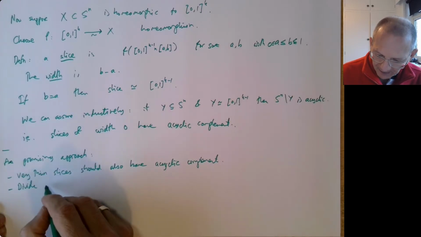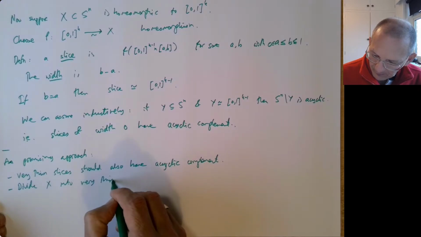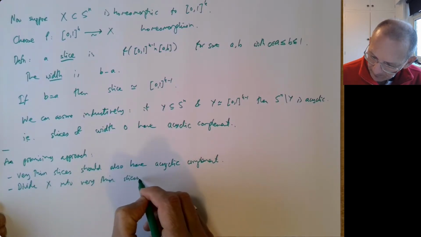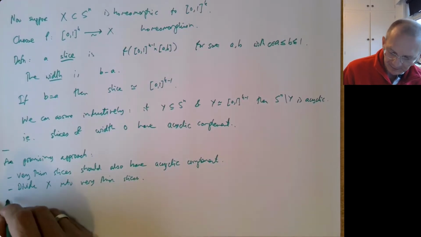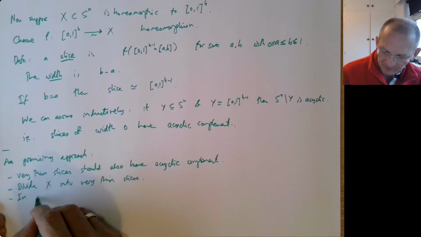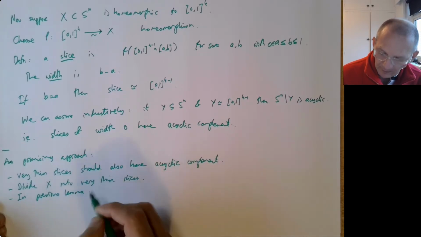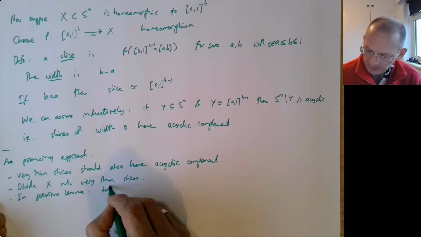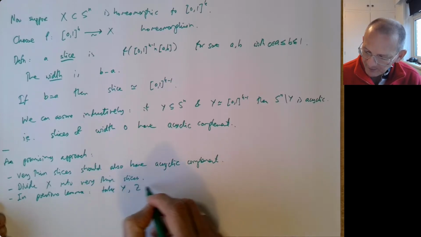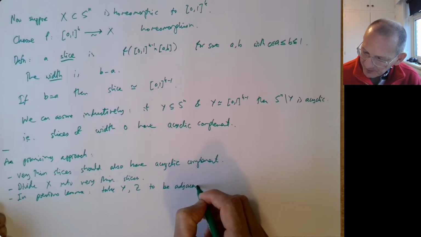So we divide X into very thin slices. So in the previous lemma, we take Y and Z to be adjacent slices.